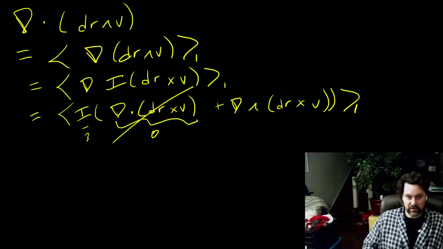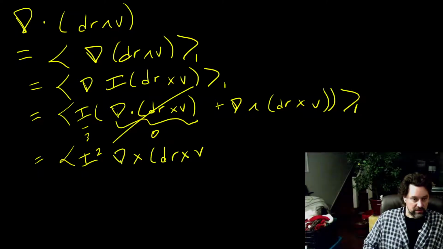So we're left with a wedge product times the pseudoscalar, which is I squared grad crossed with dr cross v, vector select. And I squared is minus 1. So that is grad cross v cross dr.